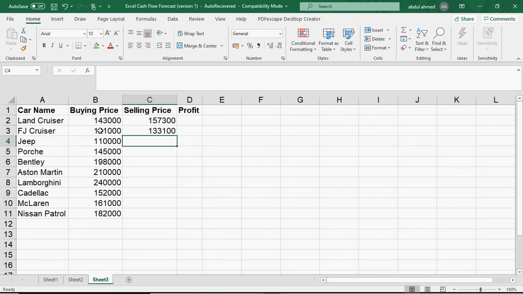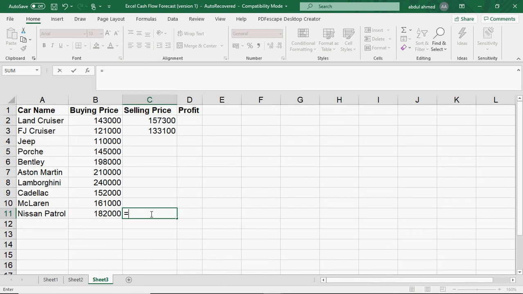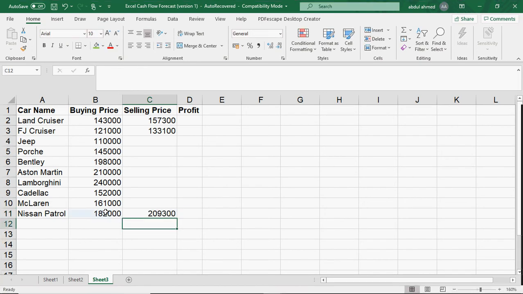Now some cars are very popular. Some cars, like Nissan Patrols in this country, are very popular and always in demand, so maybe the company will say, we will sell it for 15% profit. So same thing, equals 115% of whatever they paid for, and you get your answer.